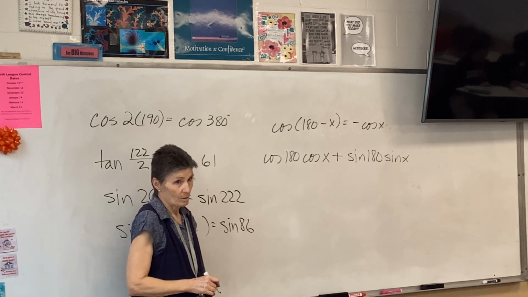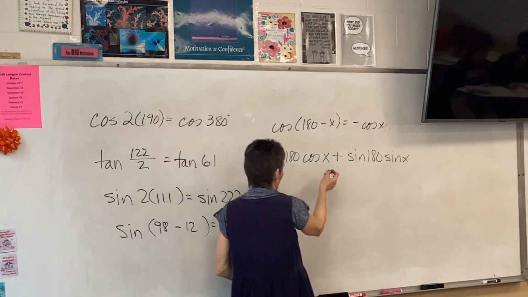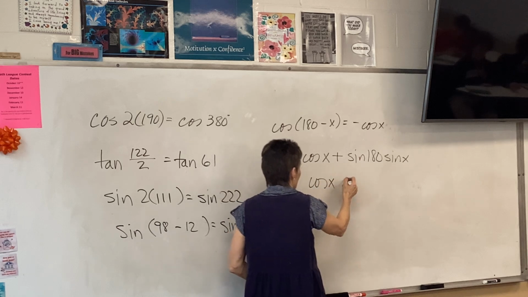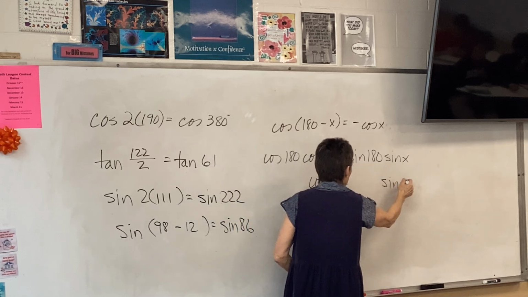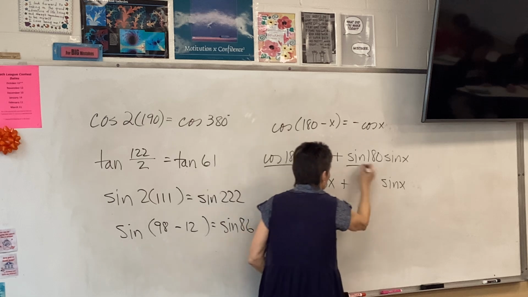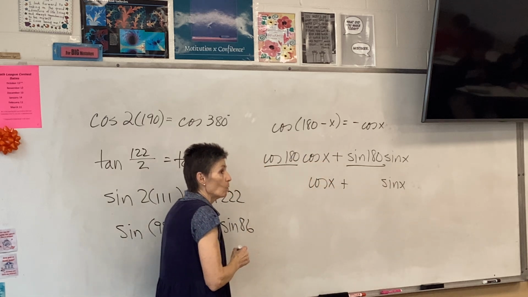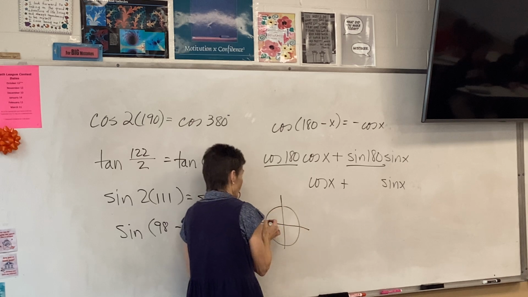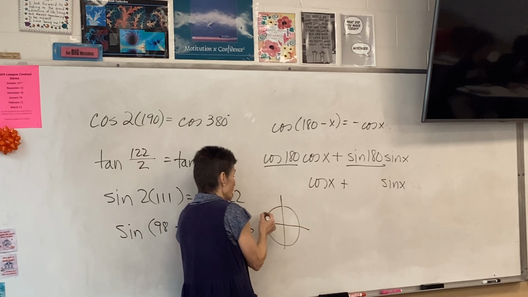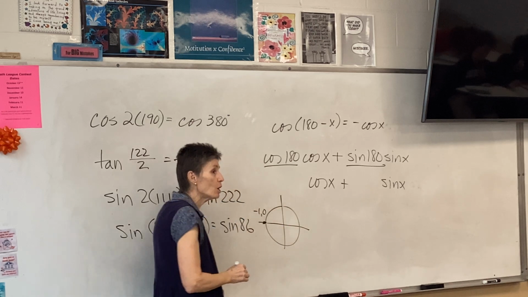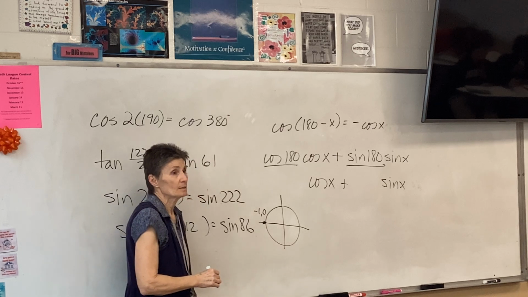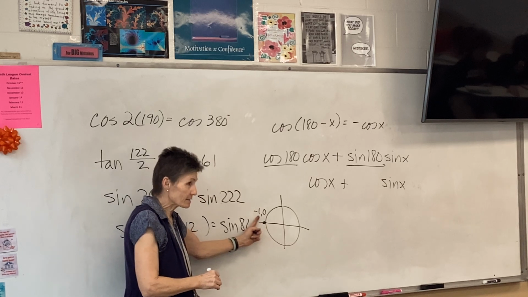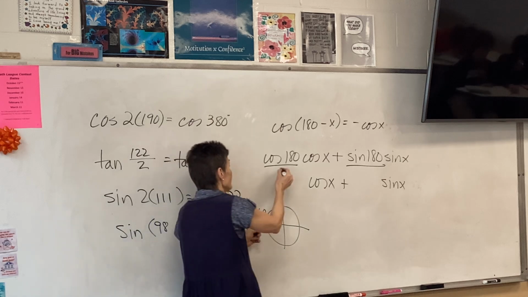Now, I have no idea about cosine x and sine x, but these I can figure out. Where is 180? Right here. What is the cosine? Negative 1.